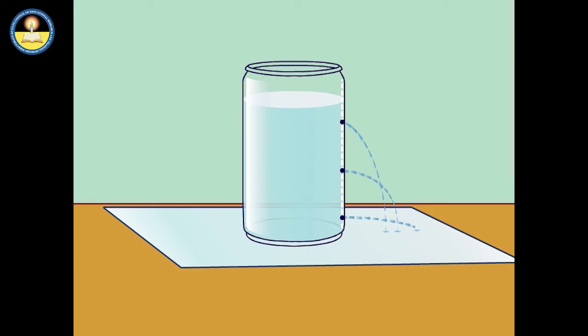Here, we can notice that the water at the lowest hole rushes out with the highest velocity and thus covers the maximum distance. This shows that at the lowest hole, water has maximum pressure. That is, the pressure in a fluid depends only upon depth, or the height of the fluid.